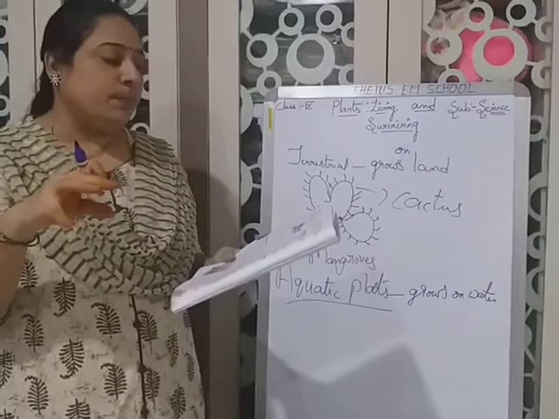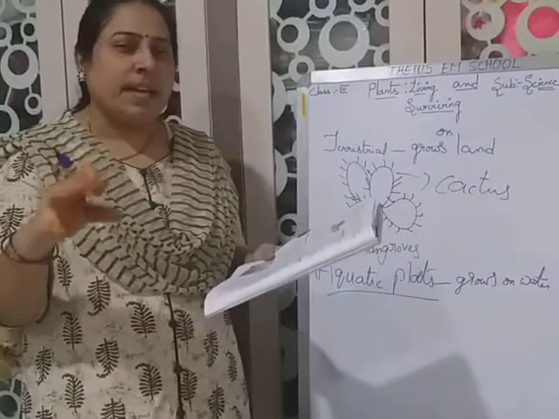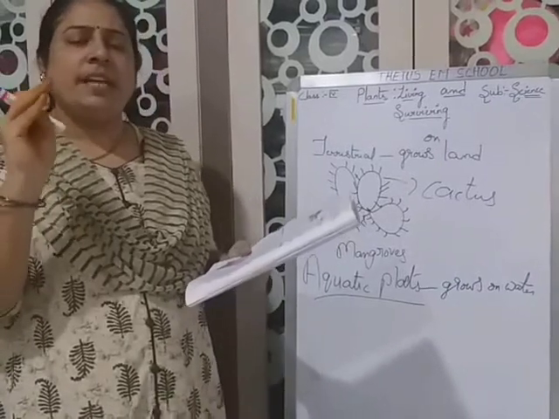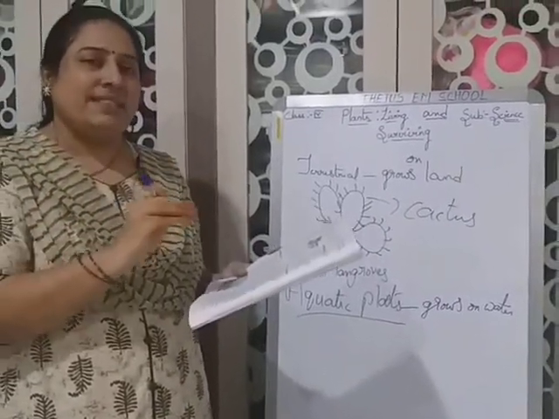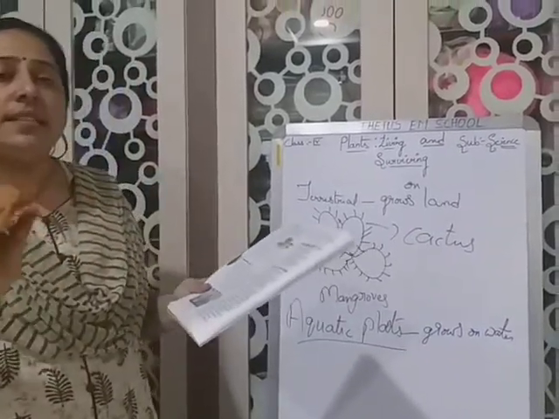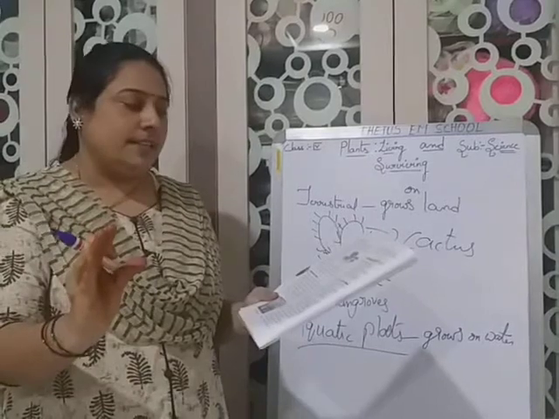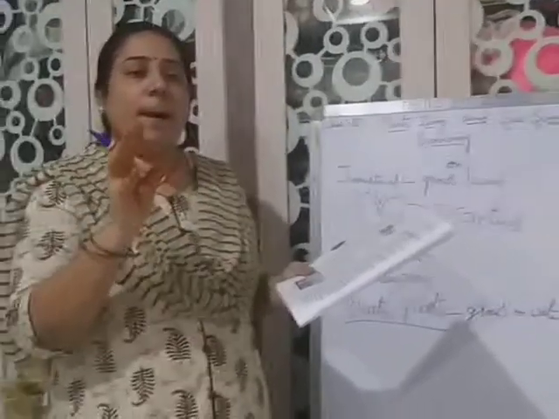These broad floating leaves provide a nesting place for some tiny birds. So some tiny birds will be standing on these leaves. So the lotus is a fixed aquatic plant.